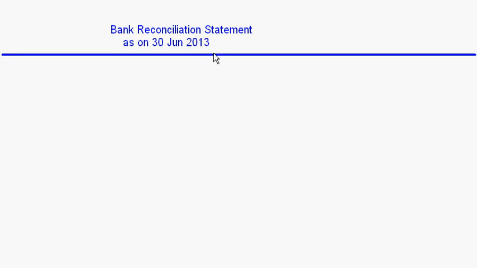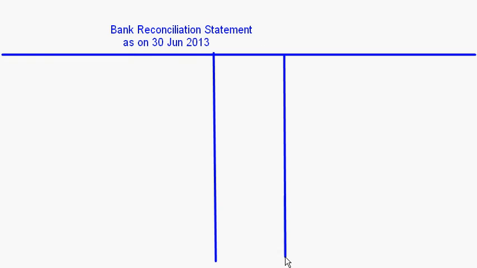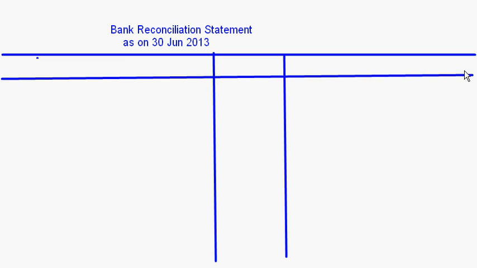Then this is the particulars column, and then you will have one column which is amount, and here you'll have the details, and finally the amount column.